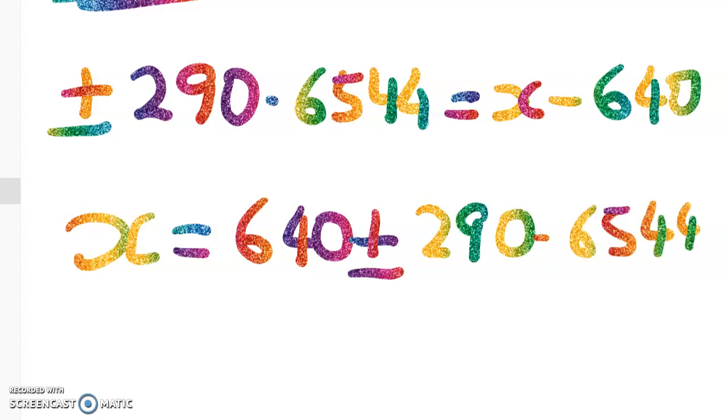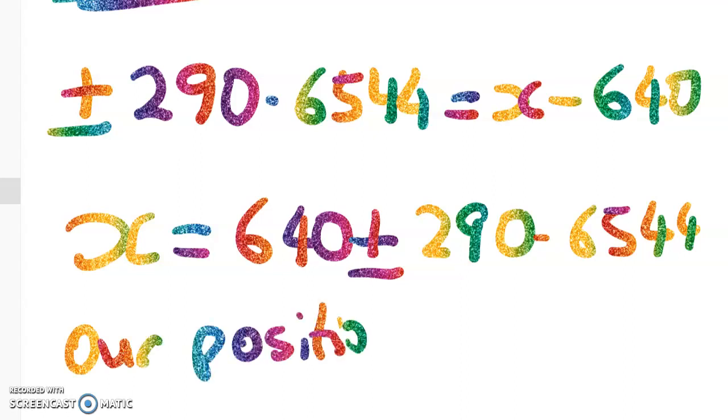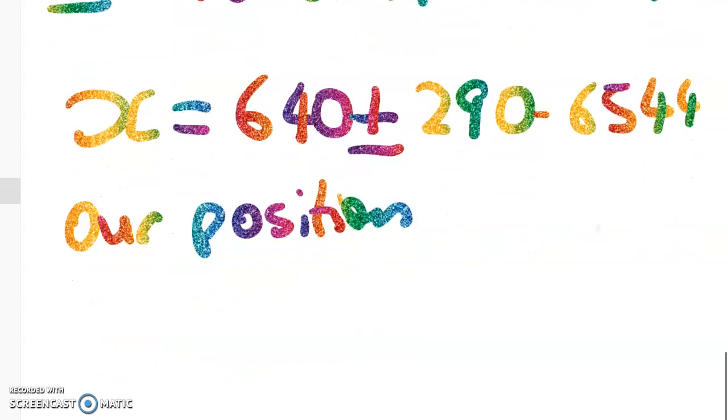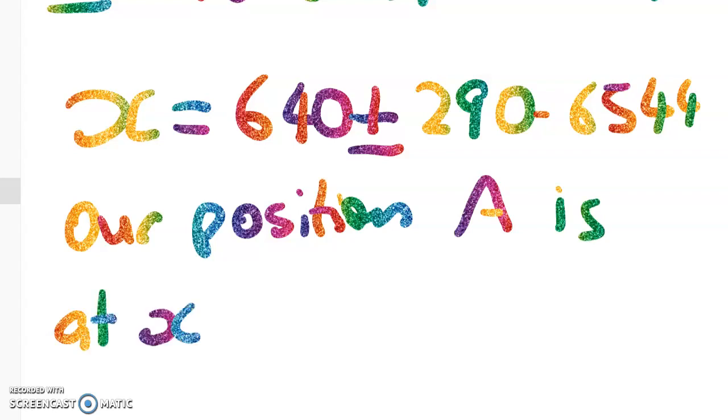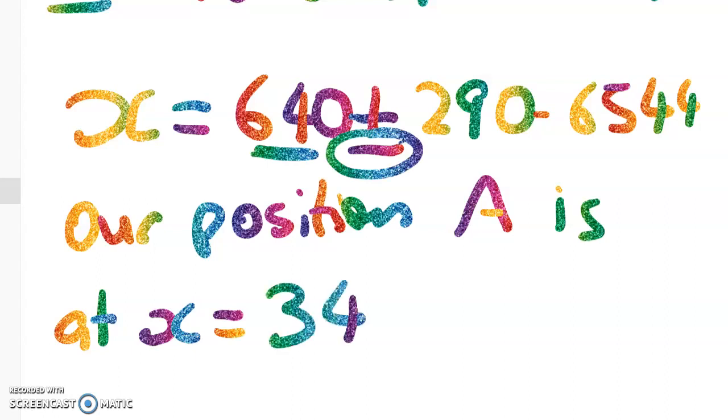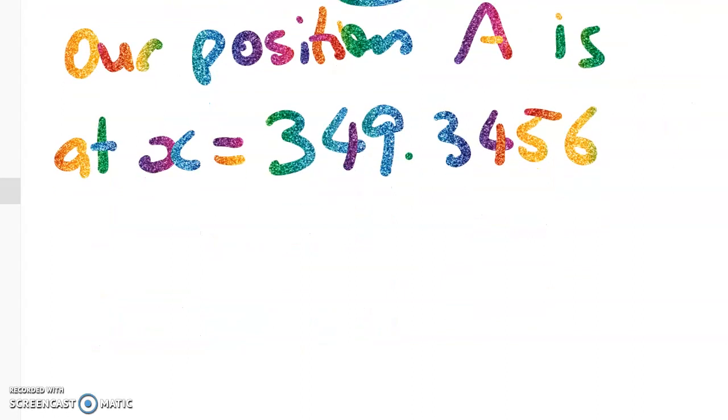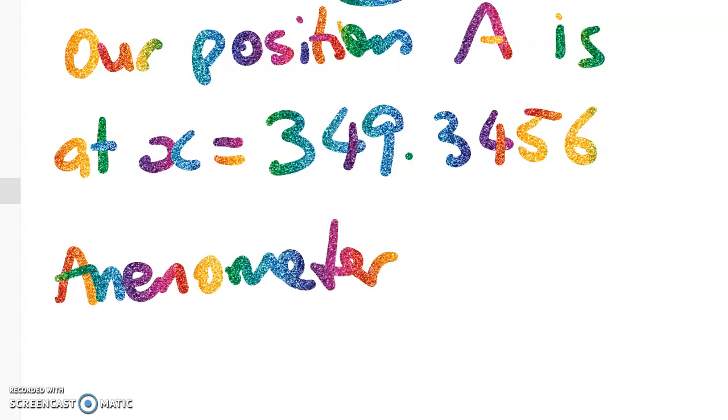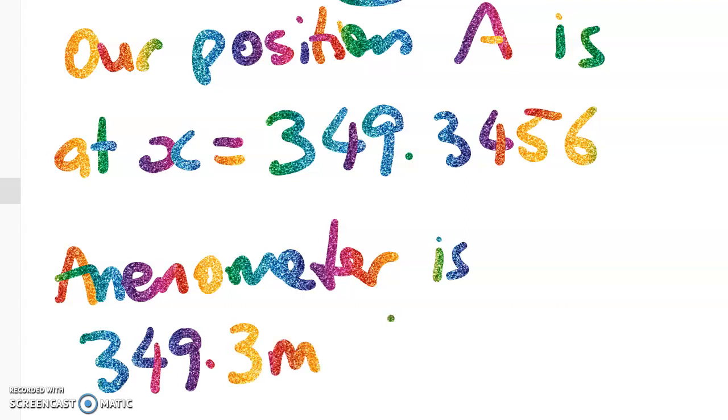The value that we want, our position A, will be the lower of those. I'll show you on the graph in a minute. So our position A is at x equals 640 minus that, which works out to be 349.3456. So the horizontal distance of the anemometer is about 349.3 metres from the left tower.